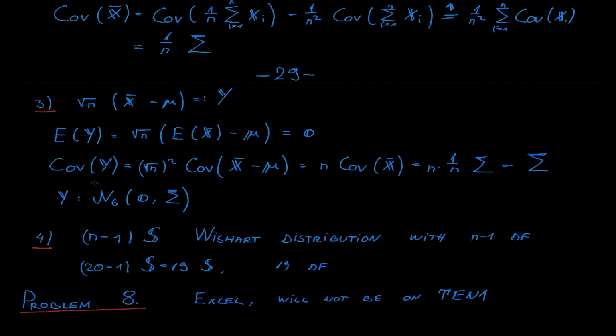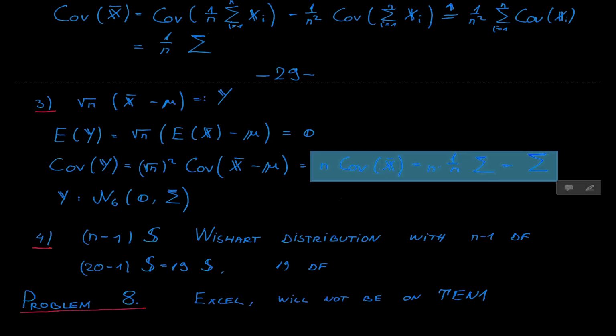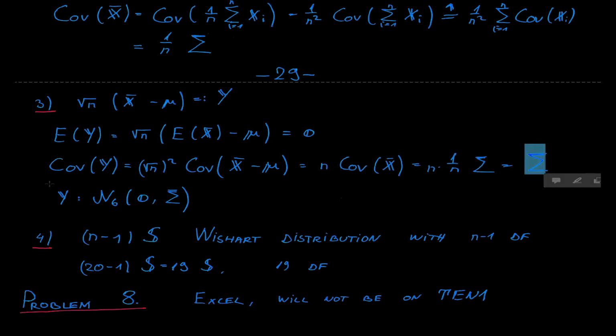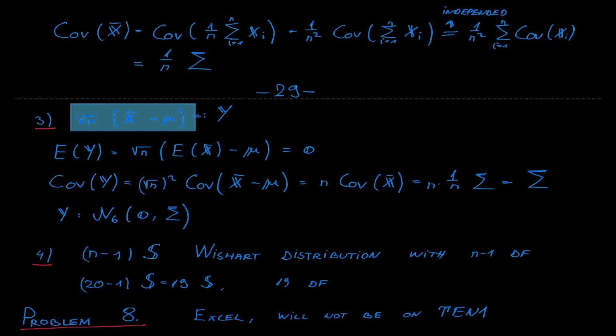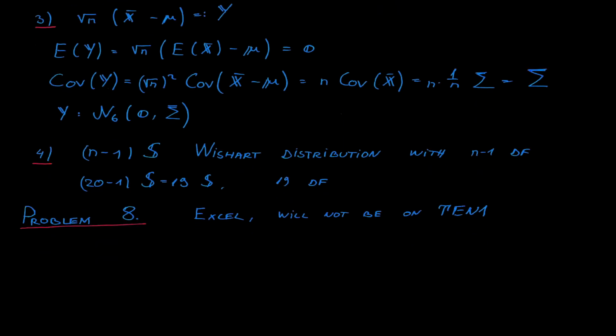The covariance of y: the constant goes in front, so we have it squared, and the covariance of a random variable minus a constant is just the covariance of that random variable, as the covariance of that constant is 0. So just by substituting we get sigma. So our y has this distribution. You can also notice that this is a part of the central limit theorem given in the literature.